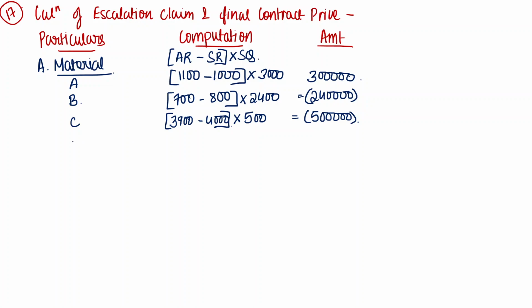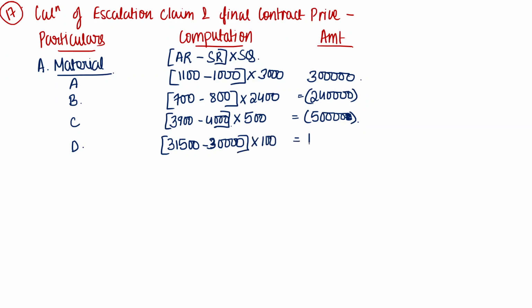And D, 31,500 I paid, but we should have paid 50,000. Okay, sorry. Minus 30,000 into 100.